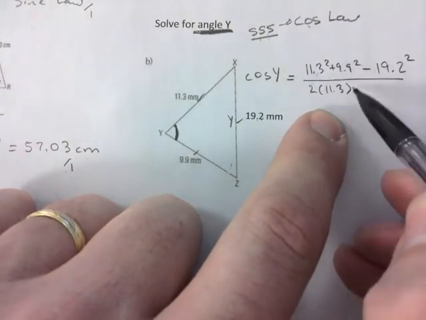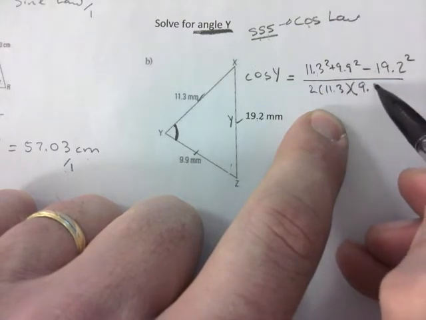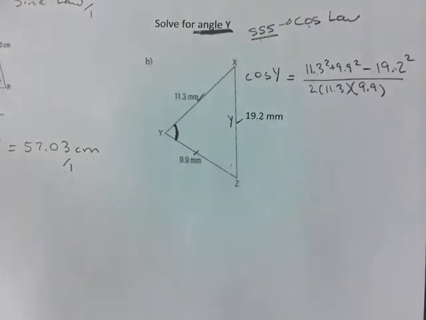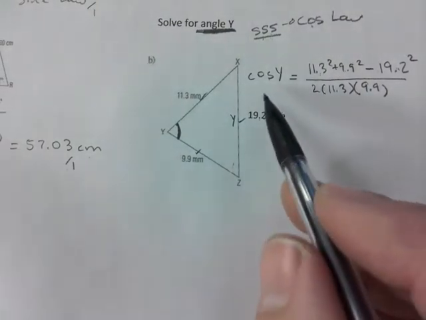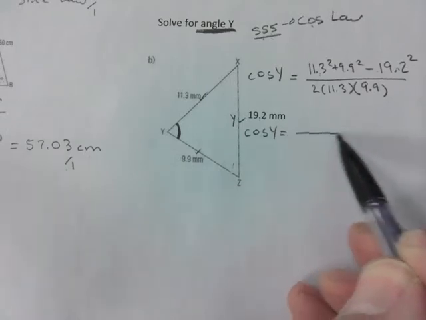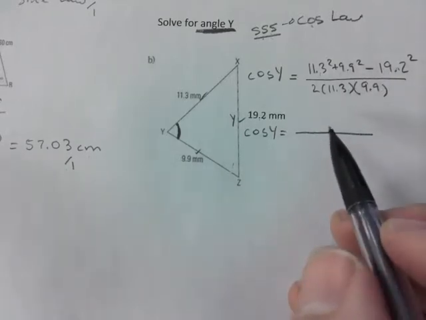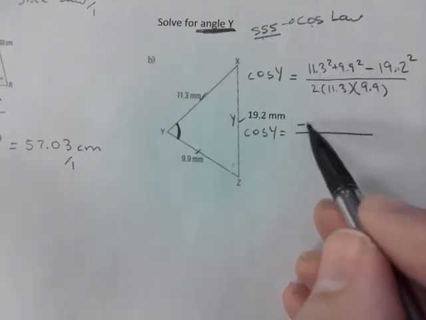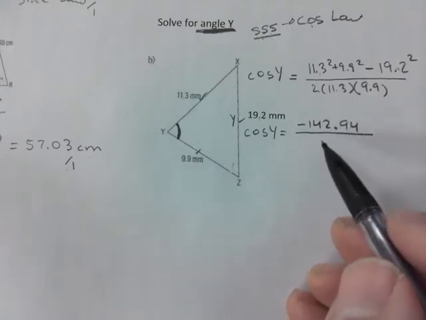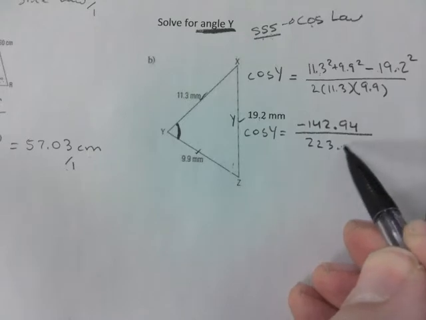You take that first side and you multiply it by the second side. This one back here never shows up. Again, that's the only time it shows up. I'm going to skip here. I'm going to go cosine of y. The top gives you negative 142.94. And the bottom gives you 223.74.